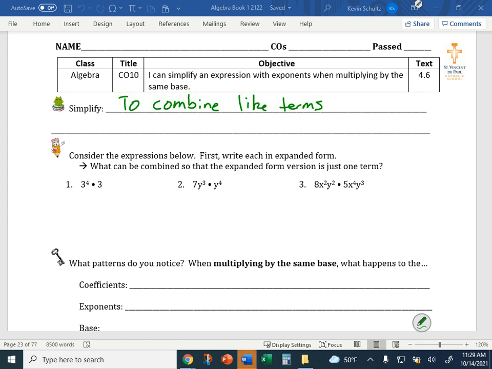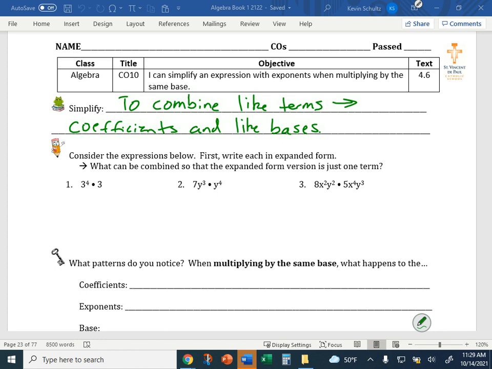In this case, our like terms are coefficients and like bases. If you're wondering what a base is, look back in PO9 where we defined a coefficient, a base, an exponent, okay? So to combine like terms in our context here, it's going to be coefficients and like bases.